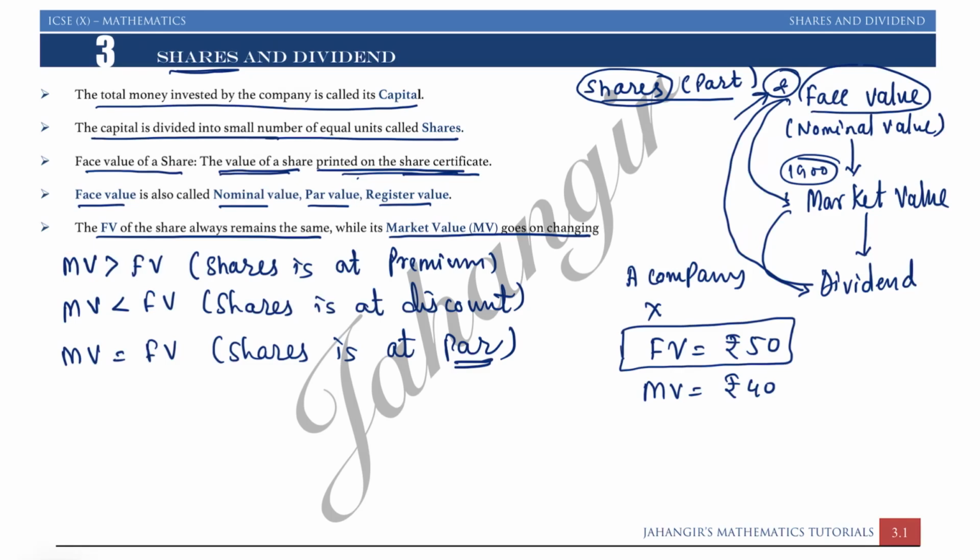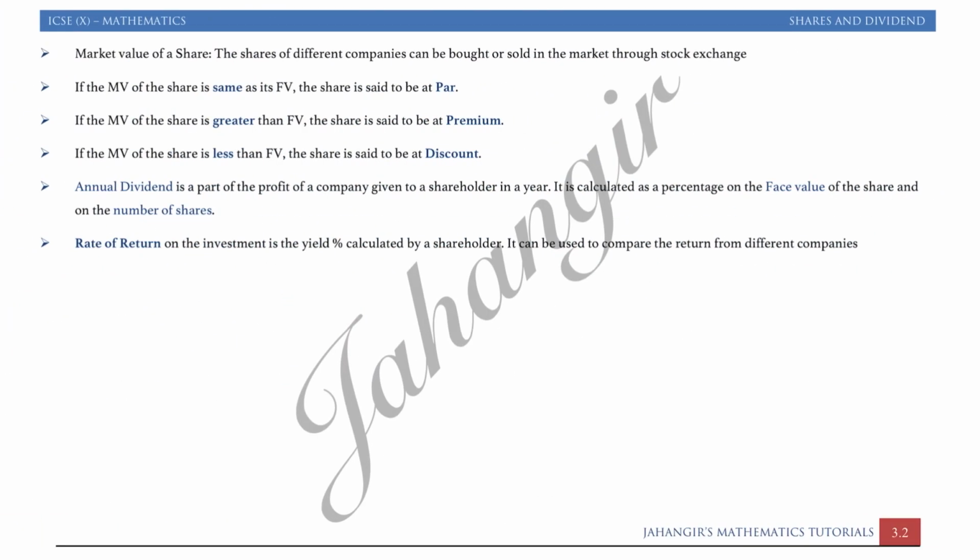But if the scenario changes, or the company is in loss, market value goes down. So market value is dependent on the performance of the company as well as the scenario, what type of scenario is going on in the market. Now, finishing two terms, we will go to the dividend part.